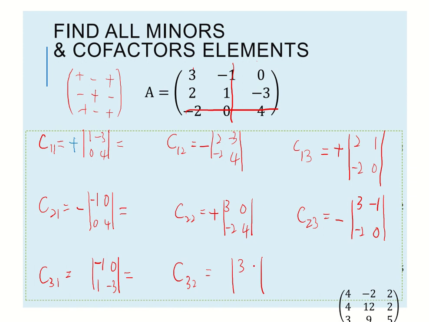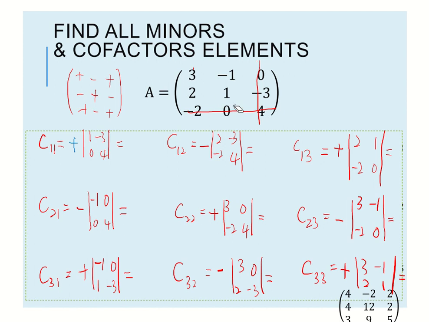It will be 3, 0, 2, negative 3. And then third row, third column: delete the third row, the third column. So we have 3, negative 1, 2, 1. The signs will be positive, negative, and positive.